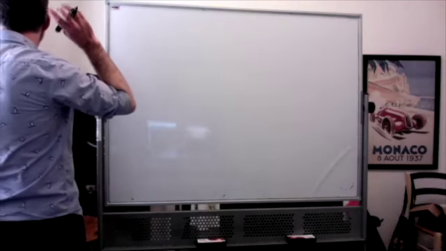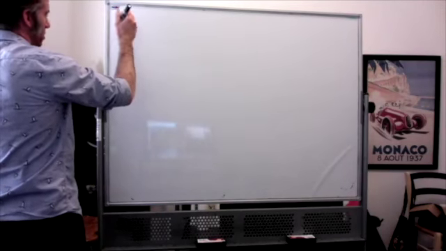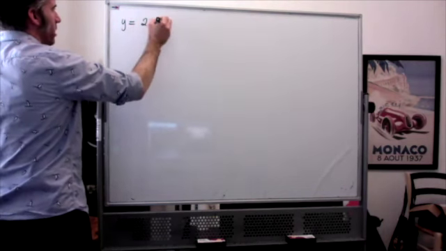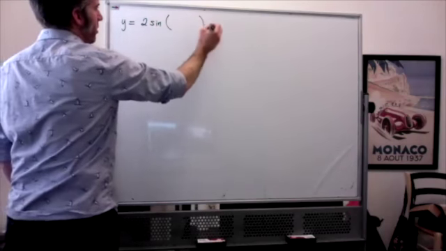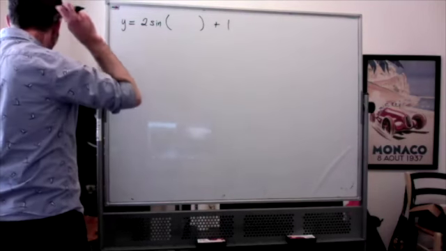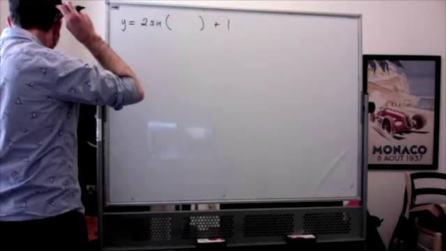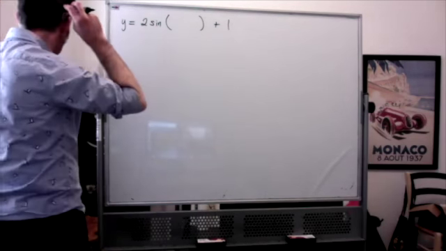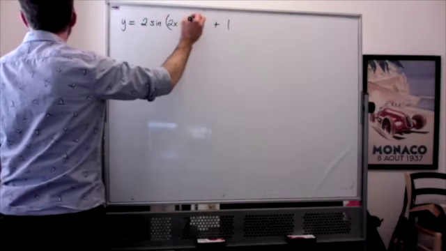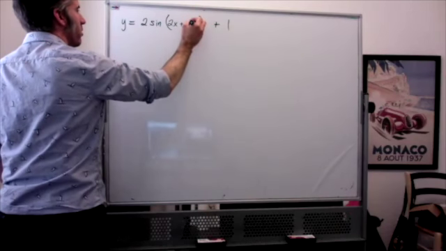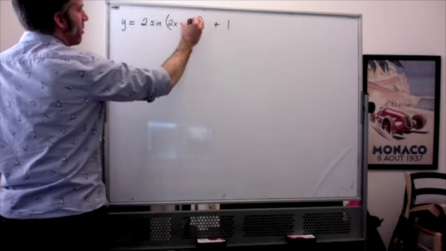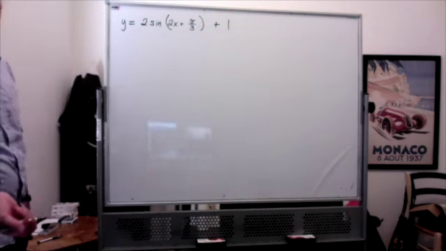Let's do y equal to 2 sine of 2x plus pi over 3. Okay. It's not too terrible in the world of these.